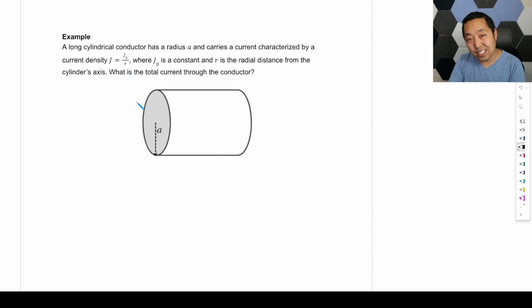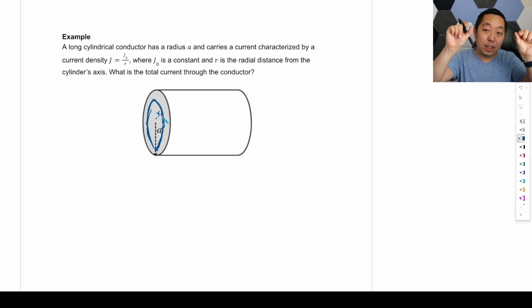Now, the density varies as a function of the radius. So what kind of shape do we want to pick when we're doing the areas? This is our area here, but we're going to chop it up into little rings. Why little rings, you might ask? It's because everywhere along a ring a distance r away has the same current density, because the current density is a function of distance from the axis.